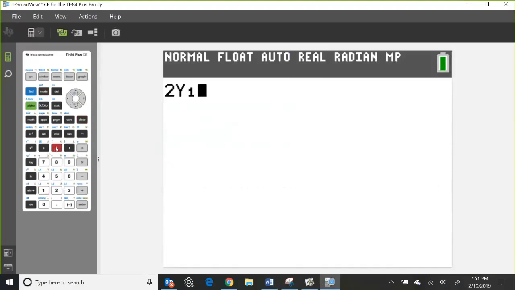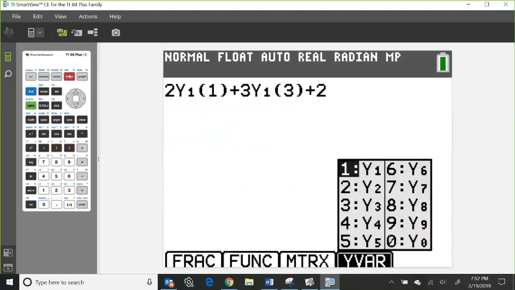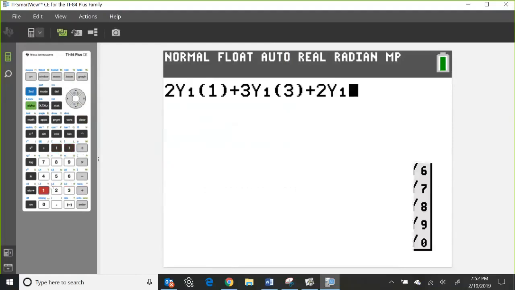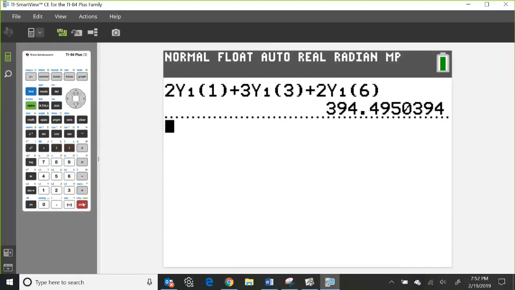And add to it the base was 3, alpha y1 again. Evaluate it at, you need the parentheses, just like function notation. And then plus the base again was 2, and the y1 evaluated at 6, parentheses 6, and you got it without rounding anything off, without having to retype over and over again, with zero errors.